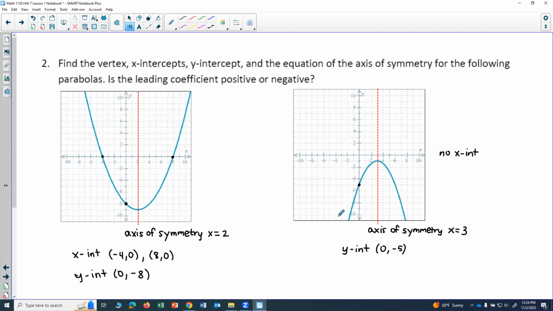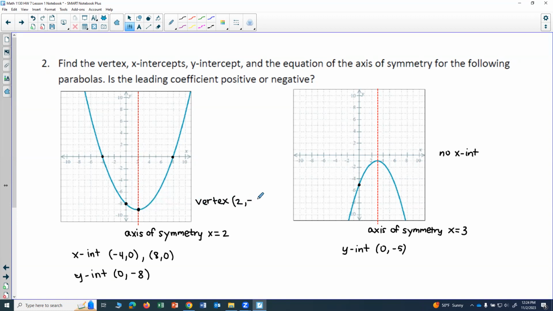And the other thing we need is the vertex and whether the leading coefficient is positive or negative. So the vertex is the turning point. So this is going to give us the vertex. We need an x value and a y value. So as an ordered pair, this would be x equals 2 and y equals -9.